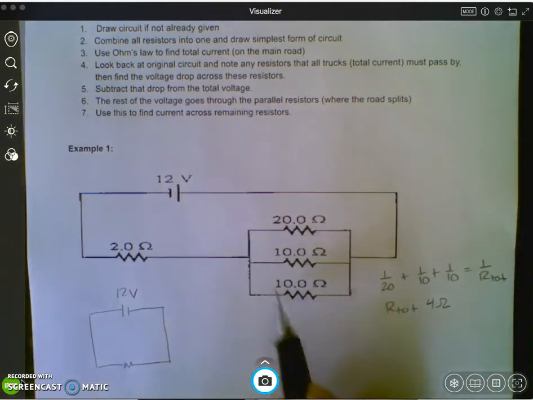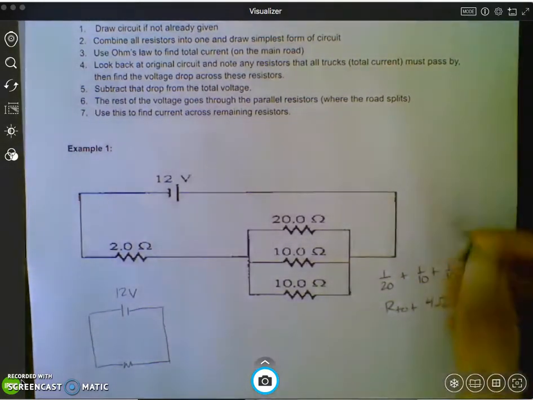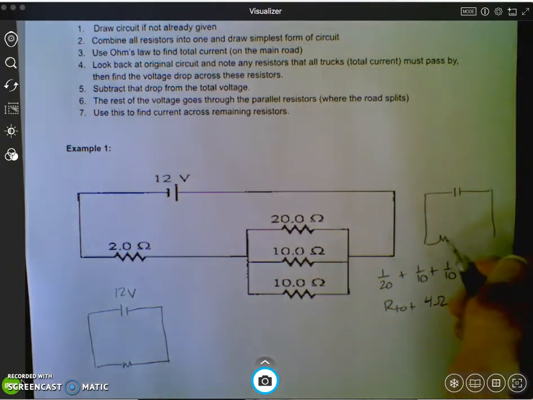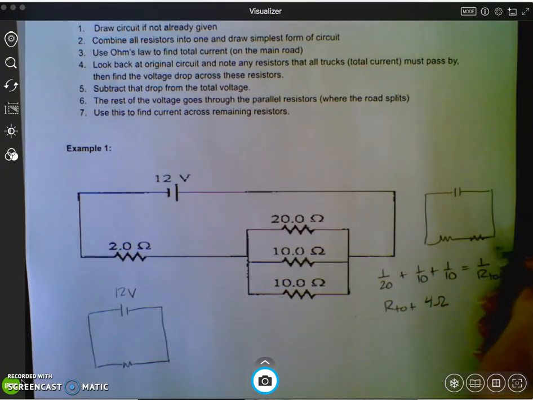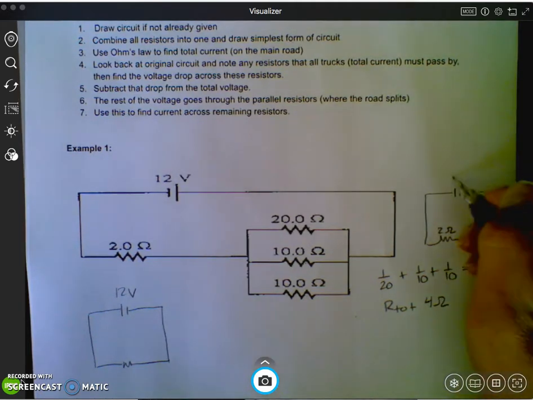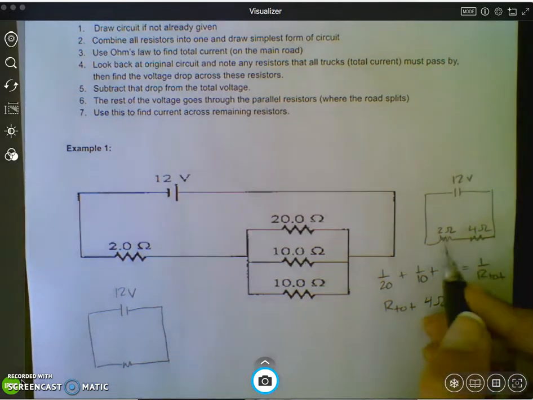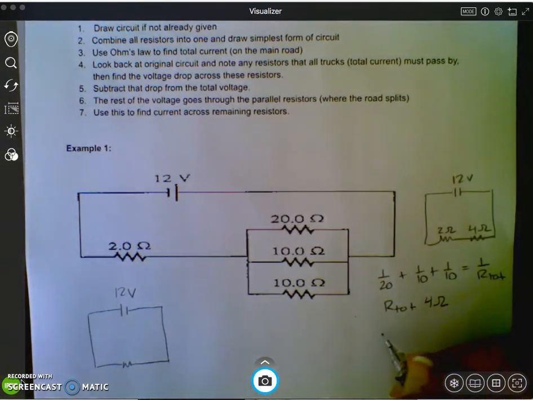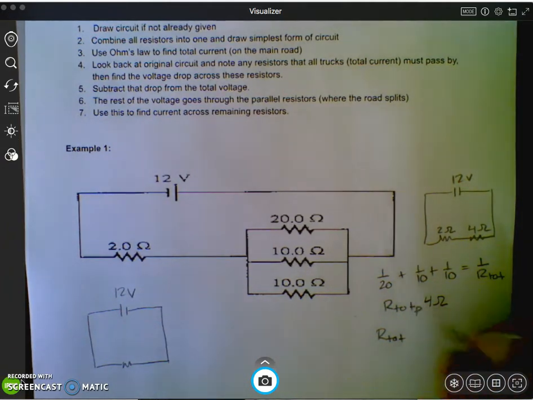Once this is done, we have a circuit that looks like this: the 2 ohm resistor, and the combined resistance here of 4 ohms. Since these are in series now, they just add up, 2 plus 4, and we get our real R total, which is 6 ohms.